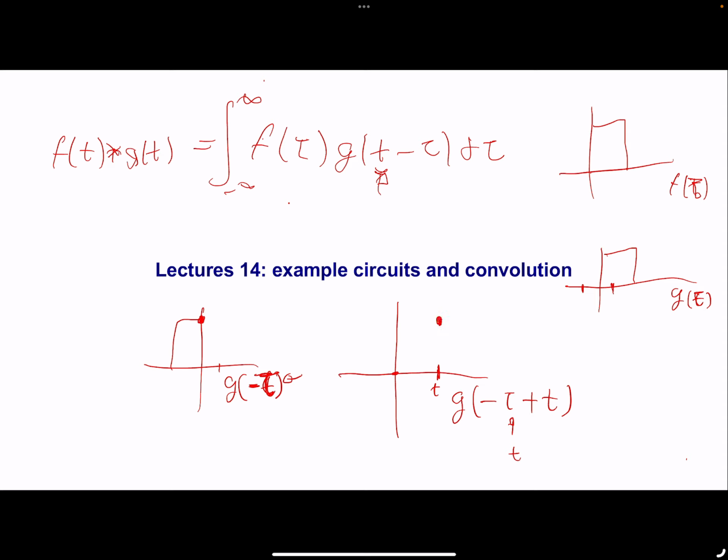And then if I plug in some value smaller than t, so if tau is smaller than t, then whatever's in the parentheses will be positive. And so it's going to look something like this and then go down, and vice versa. Does this make sense to everyone?